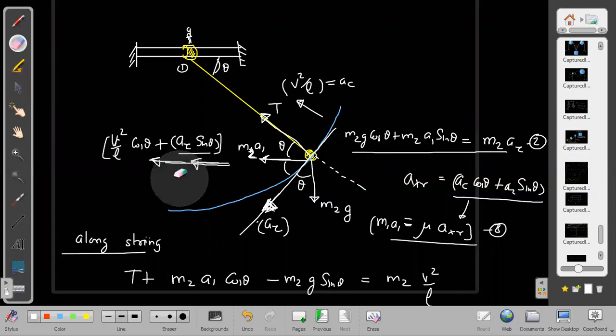Once I know the net horizontal acceleration, next we can write the acceleration of M2 along x, along horizontal. This is the relative acceleration along horizontal. So this into mu is equal to M1 into A1.